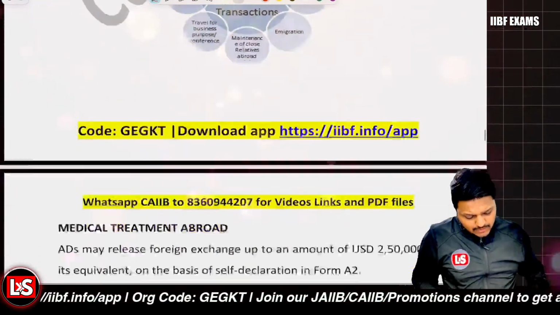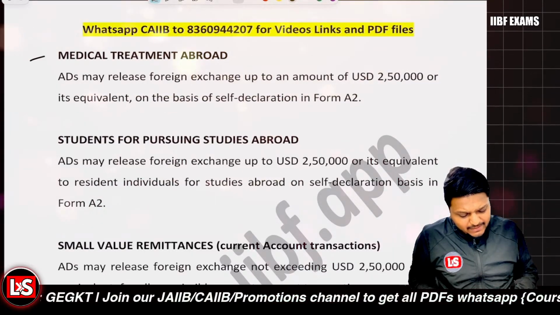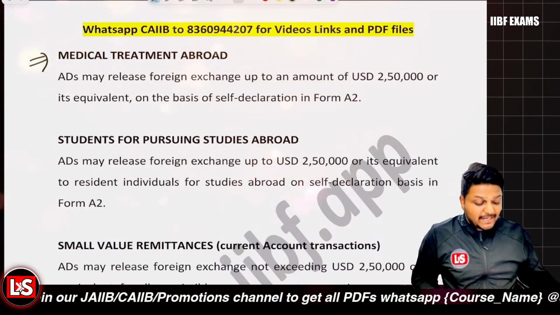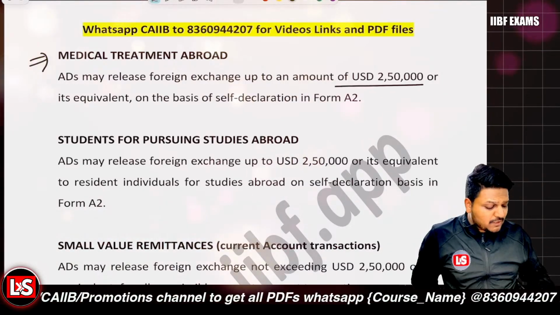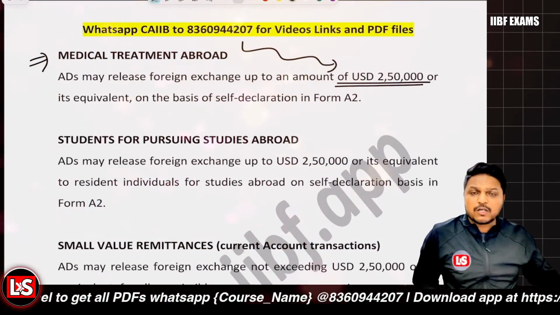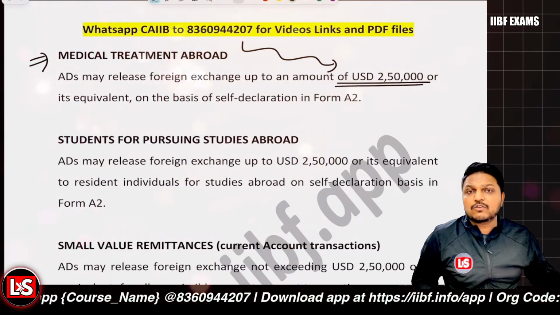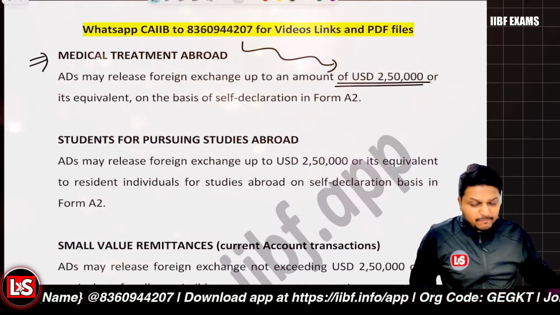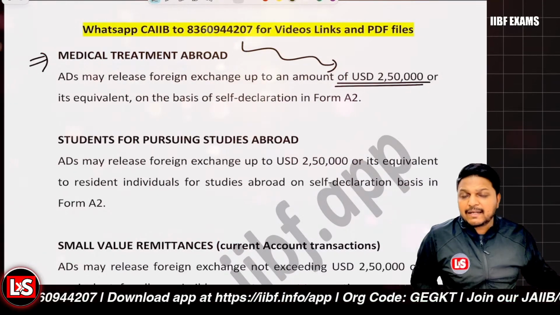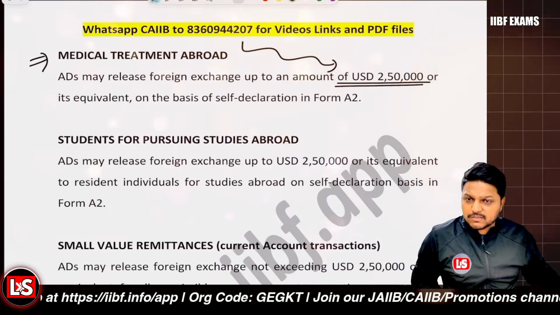And also, if you want to remit money for medical treatment purposes, that is allowed. Even if the amount exceeds 2,50,000 USD, and you have a slip from the hospital that the tentative expense can exceed 2,50,000 USD, you can remit more in that case. And the person acting as an attendee can also take along 2,50,000 USD, right?